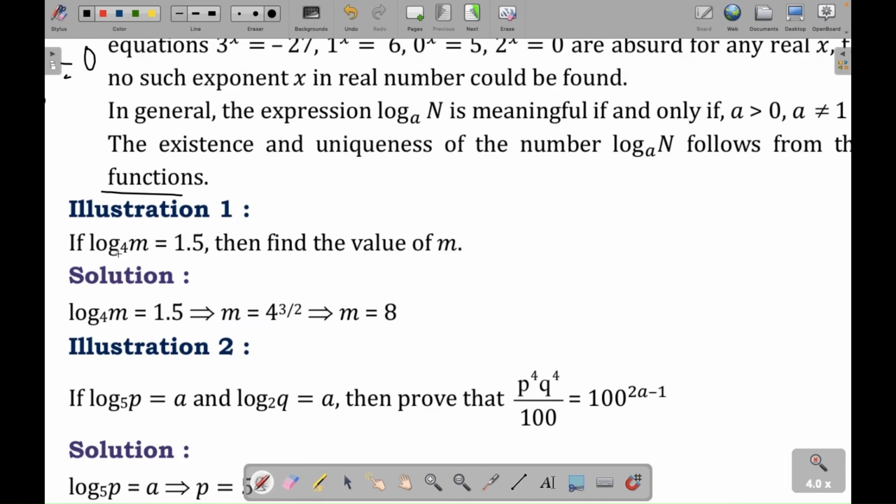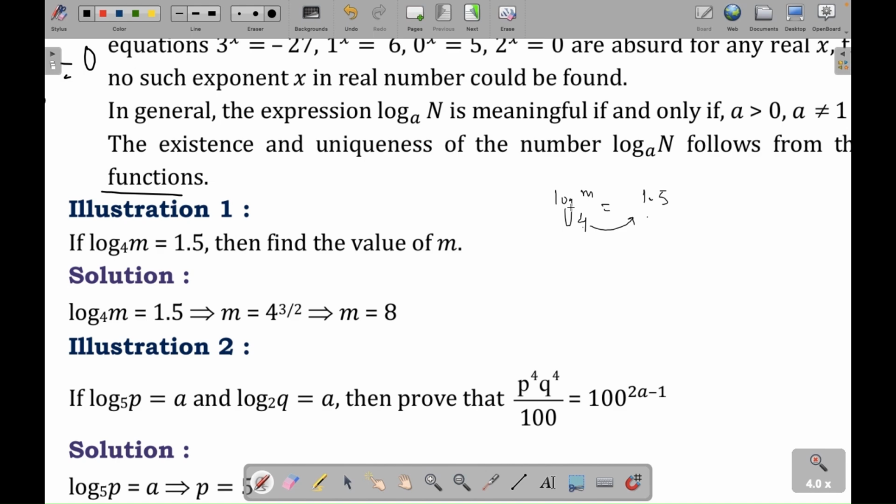If log m to the base 4 is 1.5, find the value of m. Right, so what you do, you just take this to the right hand side and it will come as the base, because this is the base, right? So if you take this to the right hand side, it will be 4 as the base and this will be the exponent.